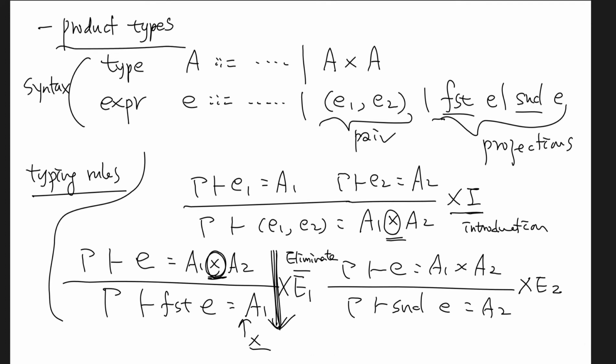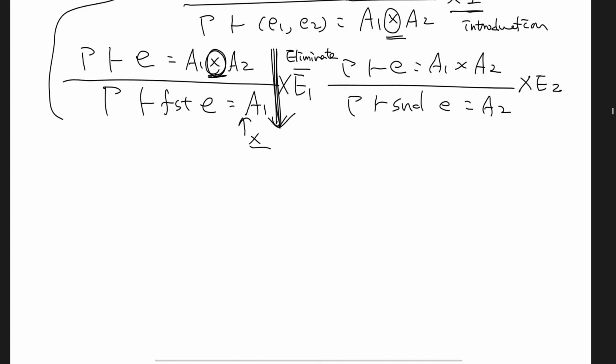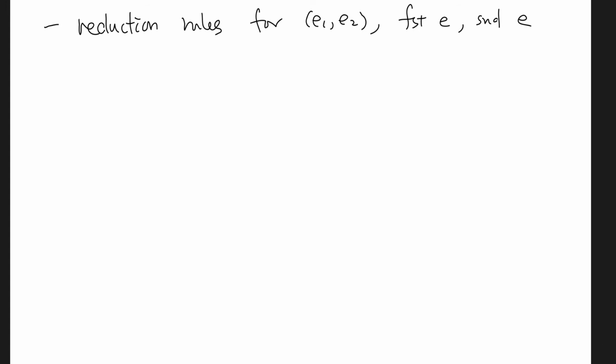Now let's develop the reduction rules for this pair construct and the two forms of projection. So we can think about two alternative strategies.